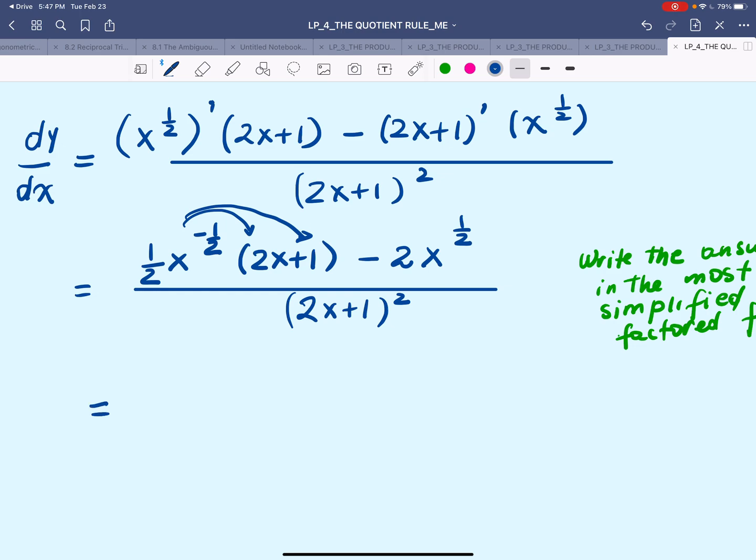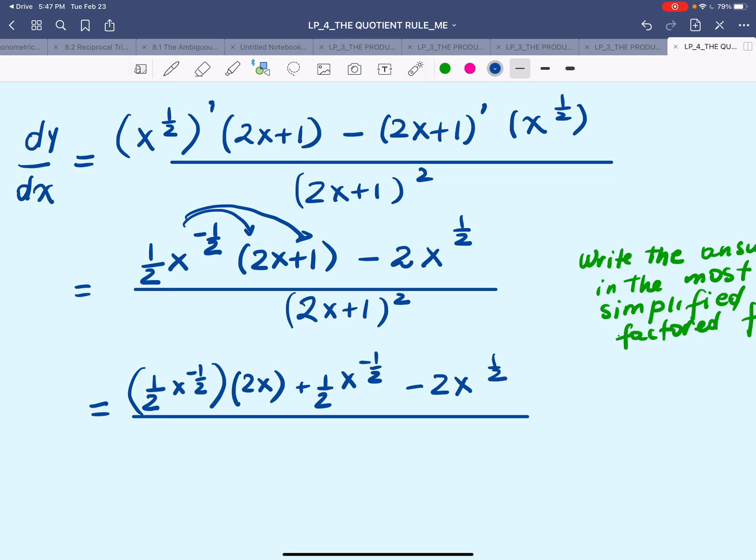So that would be equal to 1/2 times x to the negative 1 over 2 multiplying 2x and then plus 1/2 x to the negative 1 over 2 and then minus 2x to the power of 1/2. And that will all be over 2x plus 1 to the power of 2.